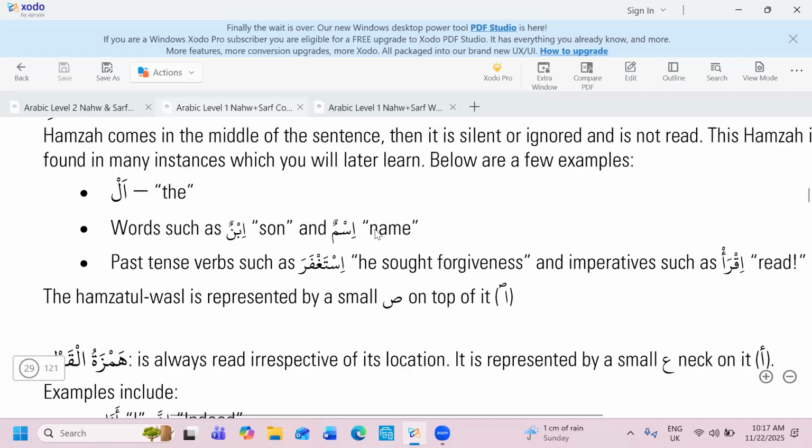Sometimes you just see it as an alif with just a haraka. Sometimes you see it with a little sad on top of it. Sometimes it's not written. So the best way to know is just to learn the words as you go along. The word ism, ibn, when we learn commands, we'll come on to that. Sometimes it has a sad, sometimes it doesn't.